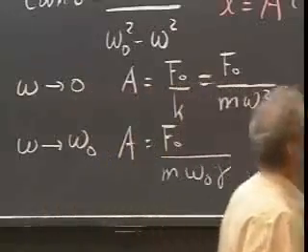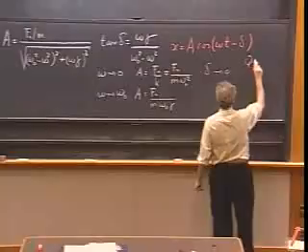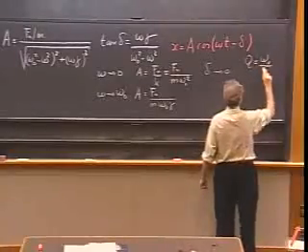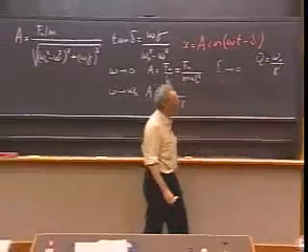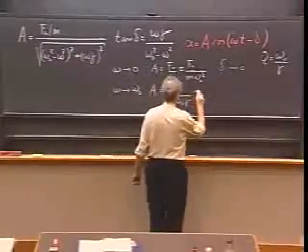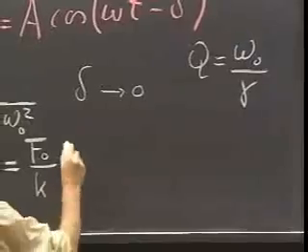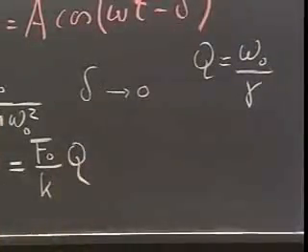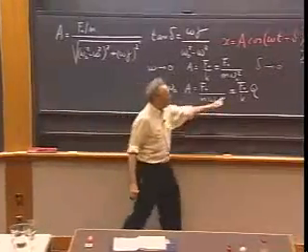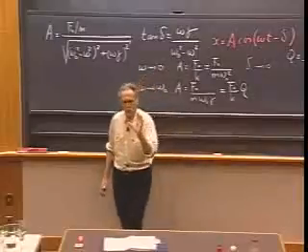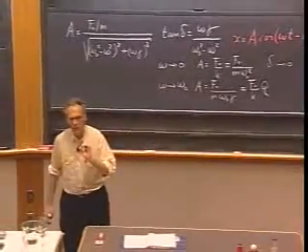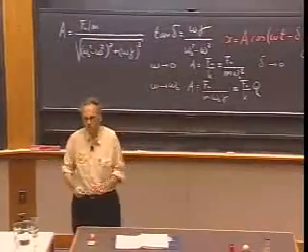Well, if you remember that we introduced a quality factor, omega 0 divided by gamma, which is a dimensionless number, then you can also write this as F0 divided by k times Q. But that's nice to remember that at resonance, if you define this as resonance, the amplitude of the object is Q times higher than what it would be at extremely low frequency.